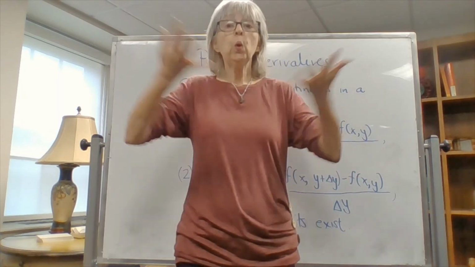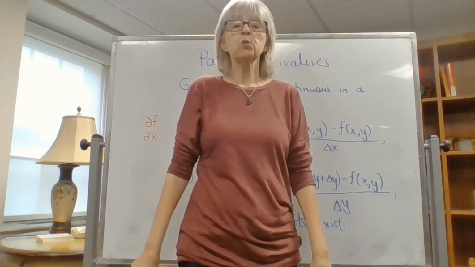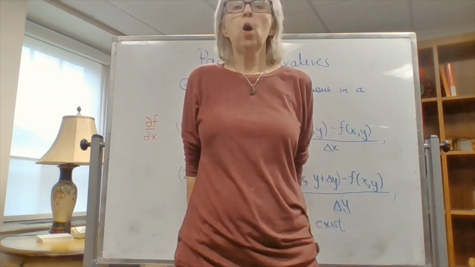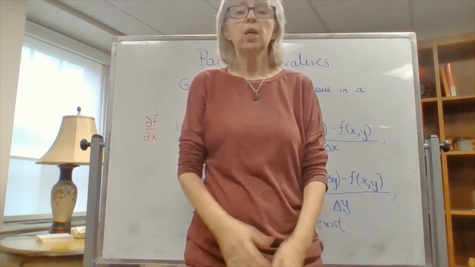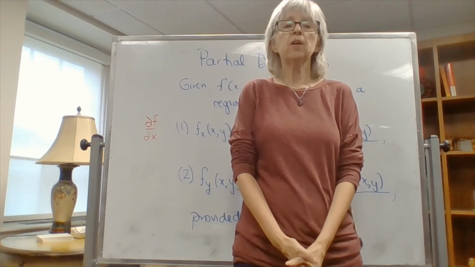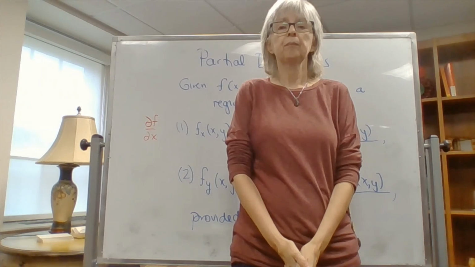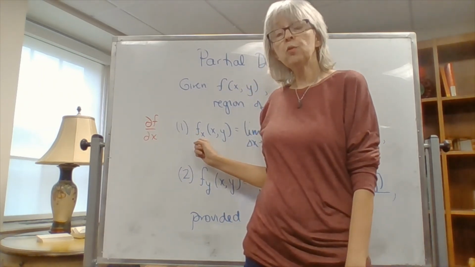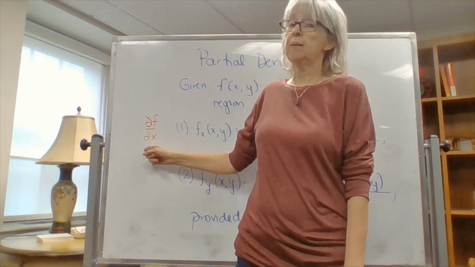When I do pull this into 3D, my x-axis is pointing this way, so it's a tiny little step forward. I hold y constant. My y value doesn't change, and I refer to that as the partial derivative of my function with respect to x. I'll either denote it by the name of the function with a subscript, or I'll use this notation that's similar to the Leibniz notation.